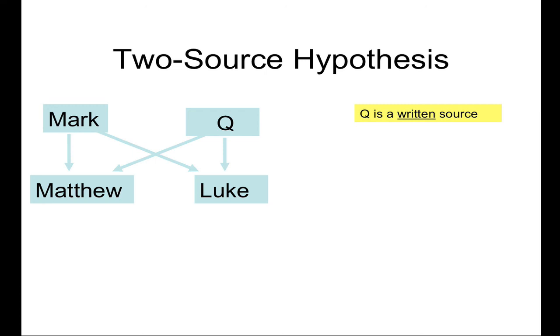We don't have to be wedded to this hypothesis, but I think it is a helpful place to start. And hopefully I've illustrated some of the data, some of the arguments that make it plausible, while also going a little bit beyond what the textbooks usually do by showing that there are things the two-source hypothesis doesn't do a great job of accounting for.